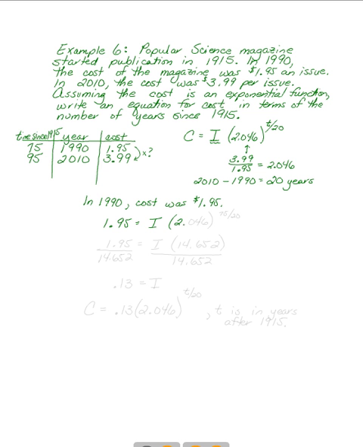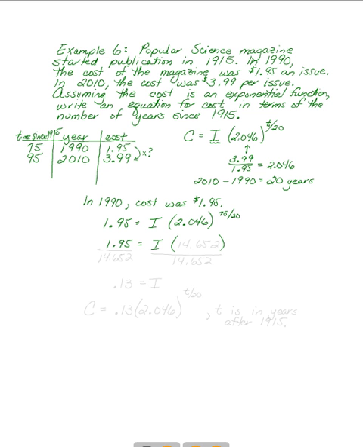This is 2.046 in our parentheses. Time is the number of years that have gone by since 1915, and that was 75 years, divided by 20. So what I want to do then is solve for I. So I've got $1.95 equal to I times, and now I'm going to use my calculator a little bit here. Let's find 2.046 raised to the 75 divided by 20 power.